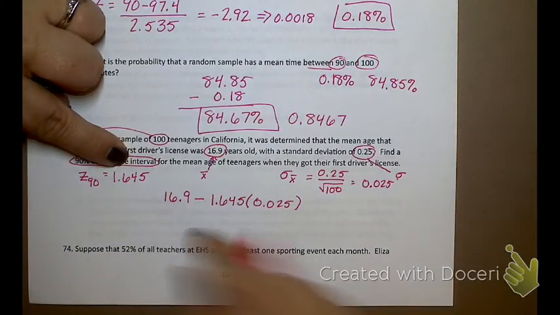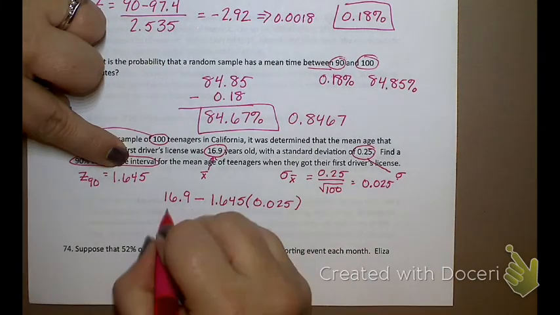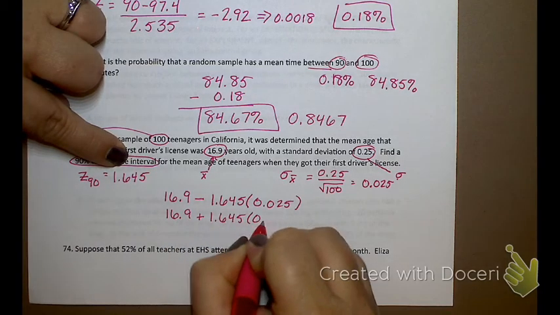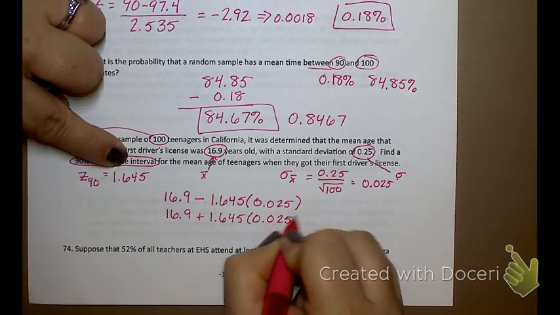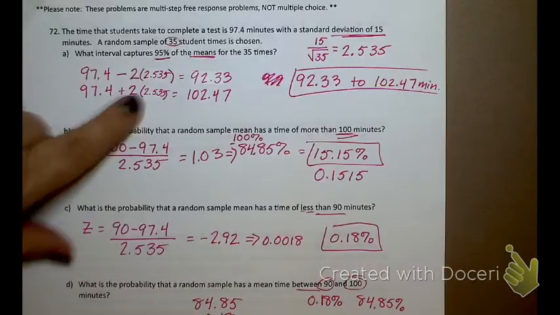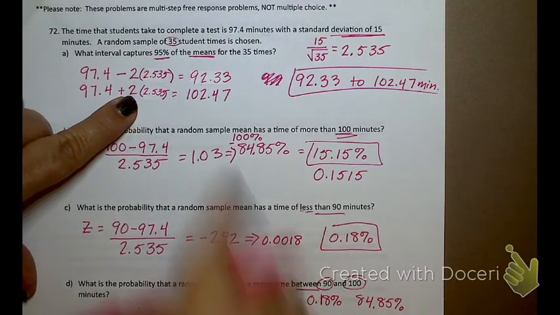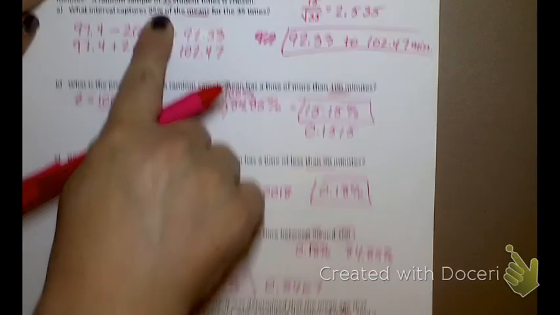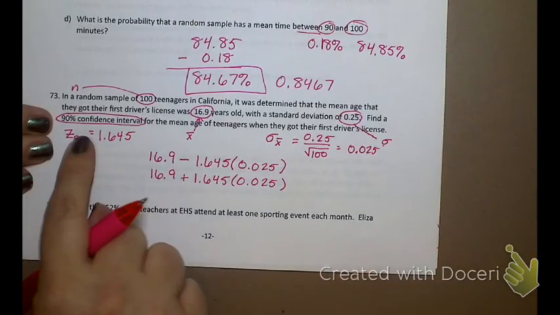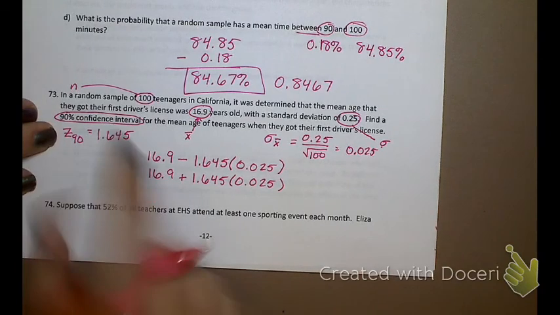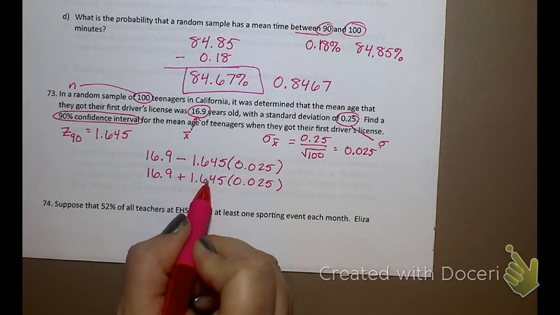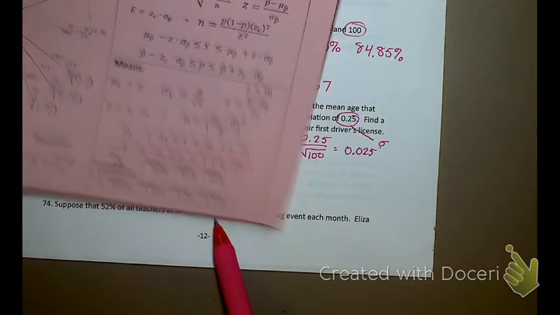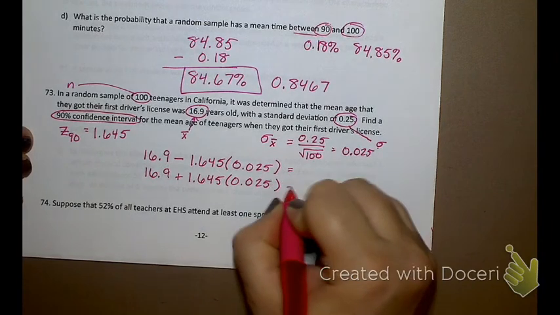And then to find the other boundary, I'm going to do the same thing, except I'm going to add 1.645 times the new standard deviation. Now, if you remember, earlier we did -2 and +2 because we knew that 95% was 2 in either direction, right? When we have a 90% confidence interval, we don't use 2, we use whatever the decimal is that corresponds with that confidence interval. So it's the same process there. So I'm going to get those two values.